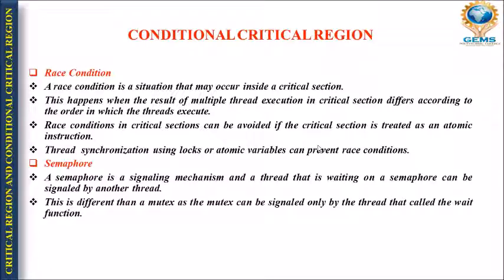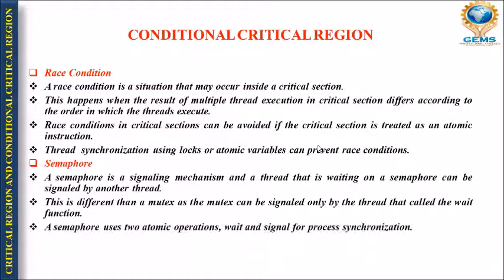This is different from mutex, as a mutex can be signaled only by the one thread that called the wait function. So semaphore is different than mutex. How? The mutex can signal only one thread, but a semaphore can handle more than one thread for signaling.